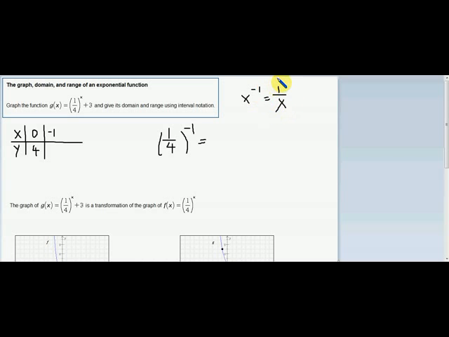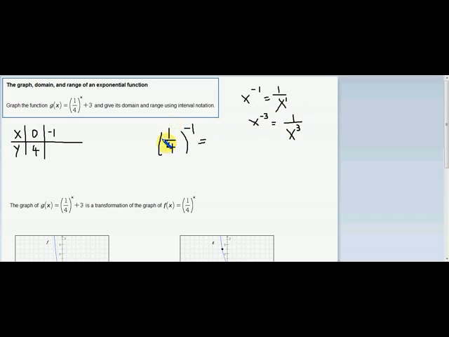When we put the 1 over, that takes care of the negative exponent. Let's say if I have x to the power of -3, then I will have 1 over x to the power of 3. By putting 1 over, we took care of the negative, and this 3 just goes down there.